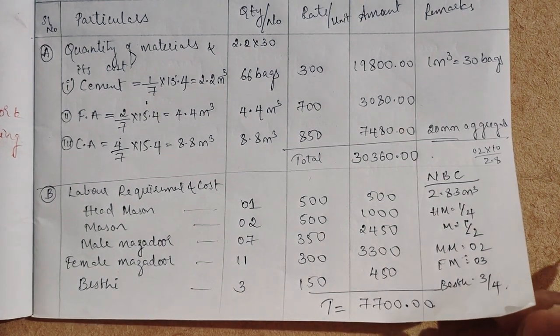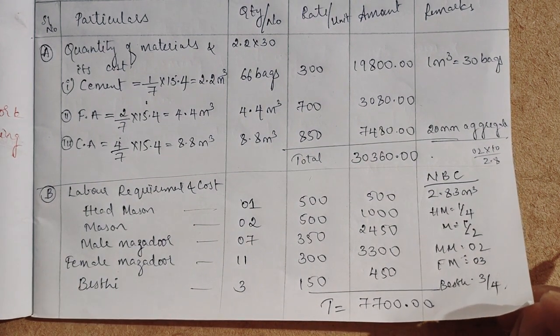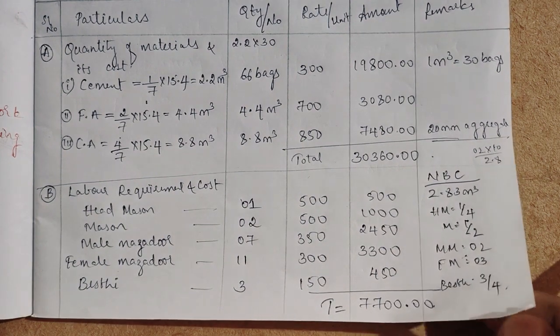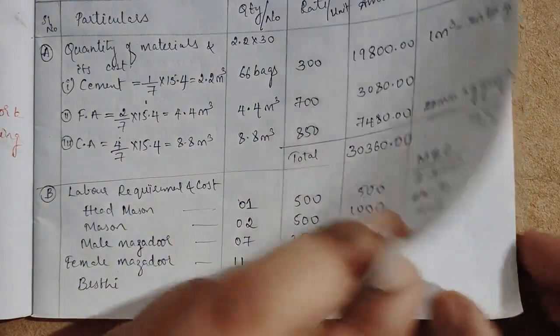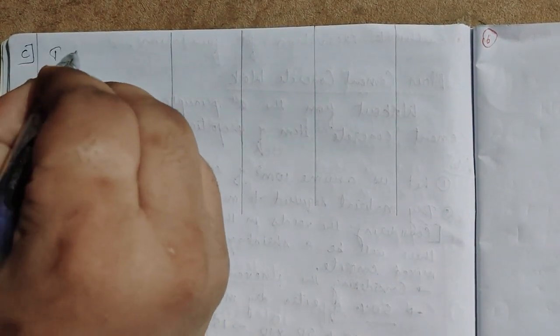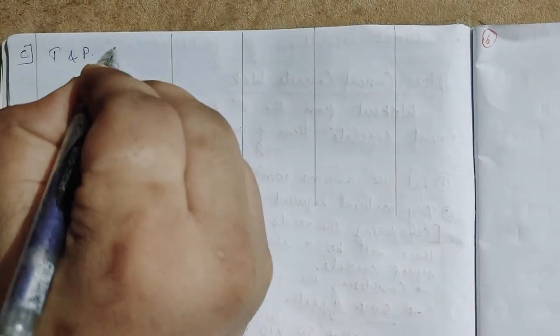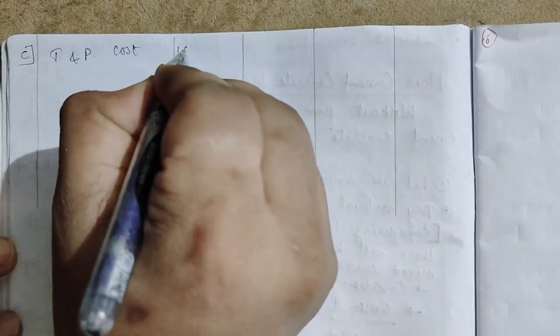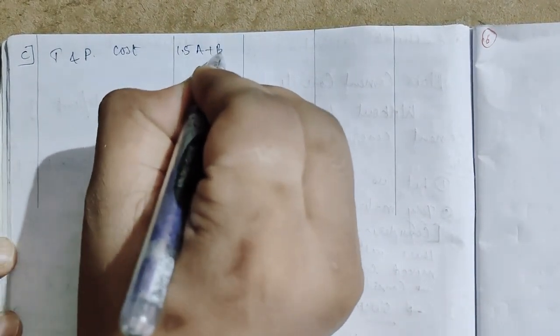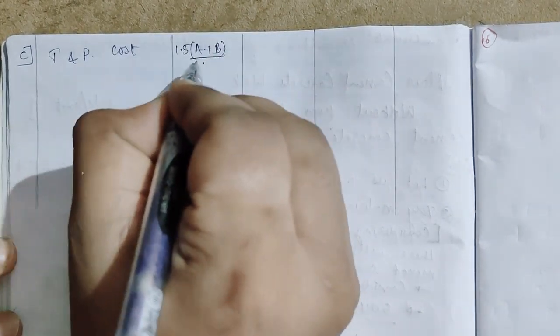Now tools and plants are remaining, water charges are remaining, contractor profit is remaining. So let me draw the tabular column for you. Third step is C, that is tools and T&P cost, that is 1.5% of A plus B divided by 100.